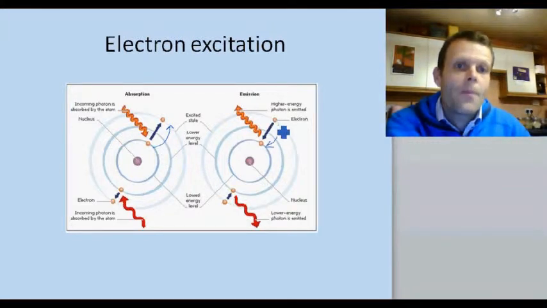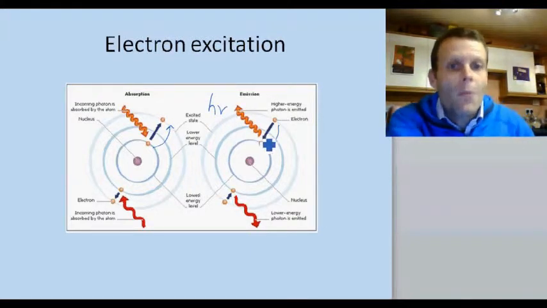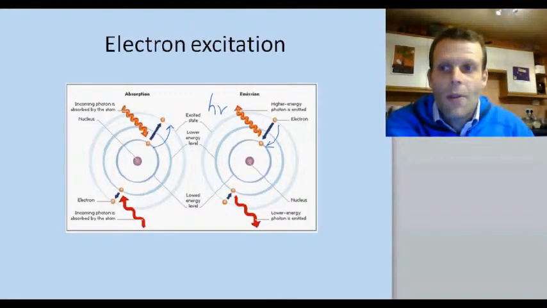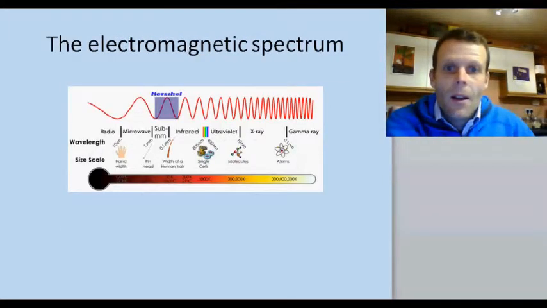And when it drops back down, the energy that it absorbed on the way up, it re-emits. It emits it in the form of a photon or some light, call it hv, light coming off. Sometimes that light will be in the visible region of the spectrum, and as a result we see a colour, and you saw that very nicely with these materials here.